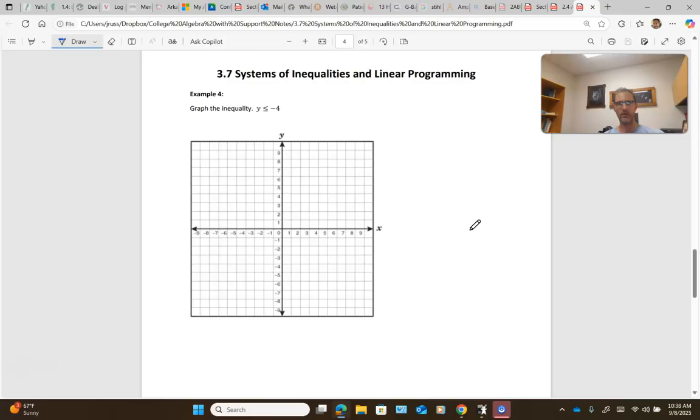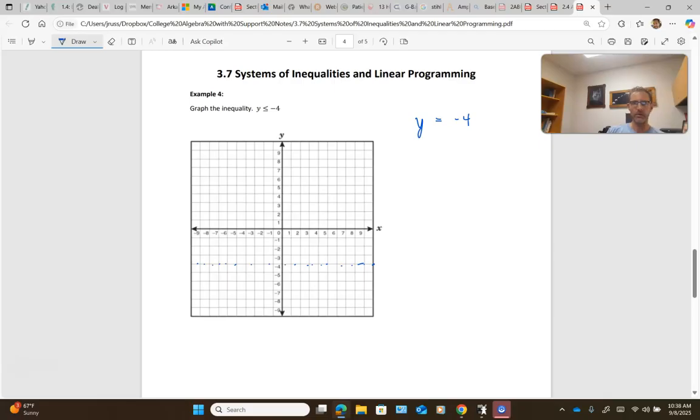What about right here? y is less than or equal to -4. Again, let's first treat this like it's an equation. y equals -4. Well, where would all the points that have y coordinates of -4 end up? Well, they would end up all along here. So we get a horizontal line.